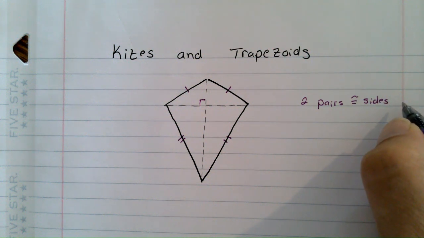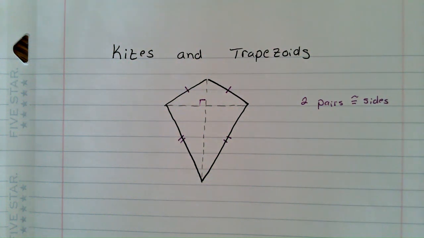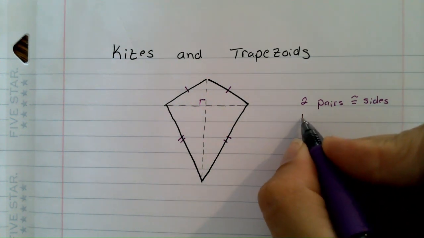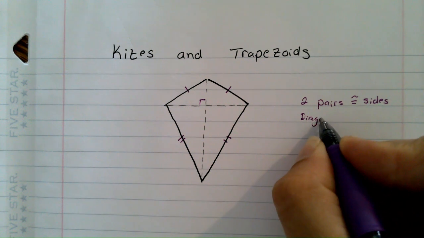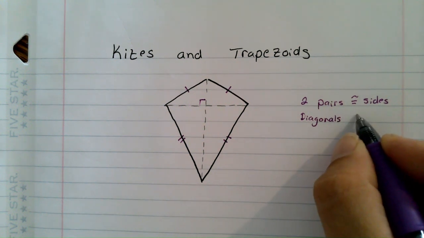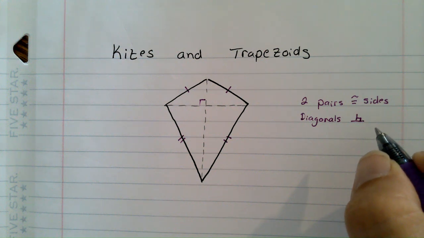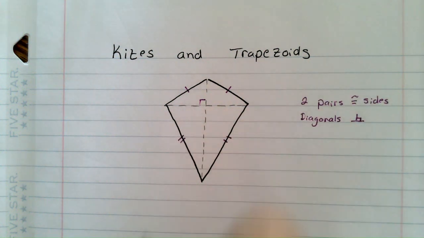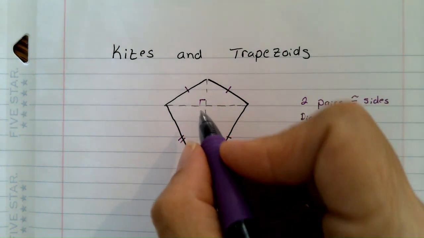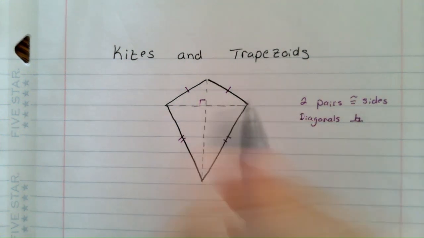And these are going to be adjacent to each other, right? Your diagonals must be perpendicular, okay? And the other thing is that because of this, everything's going to match up on the top.